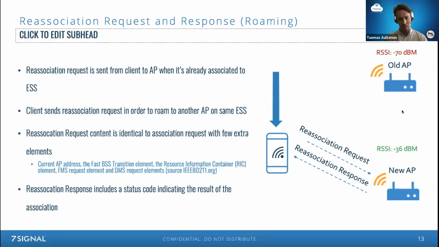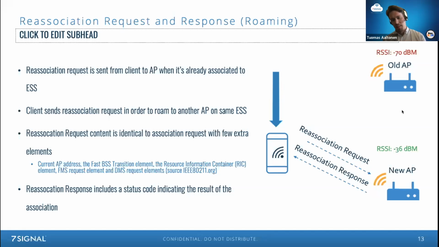If you look at the illustrative image on the right-hand side, we again have a phone that is in motion, associated to this old access point, and the phone wants to join another access point because the RSSI, the signal strength, starts to be on the weak side, -70 dBm, which is typically around the threshold when these devices start to look for better access points. And that's by sending probe requests to different channels and listening to beacons.